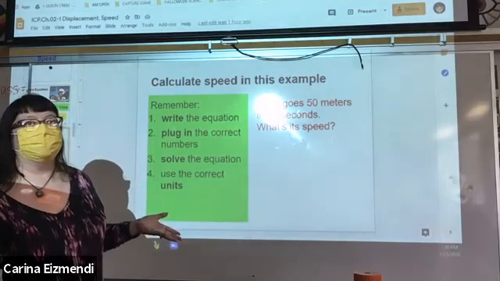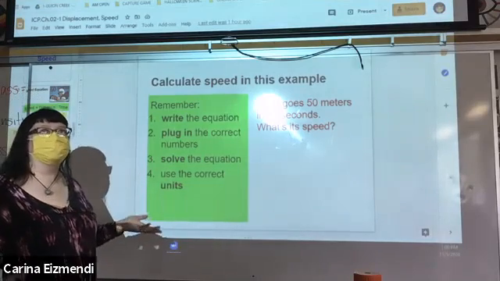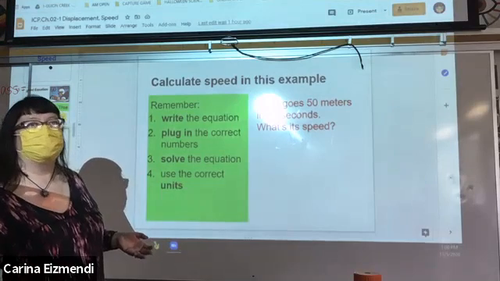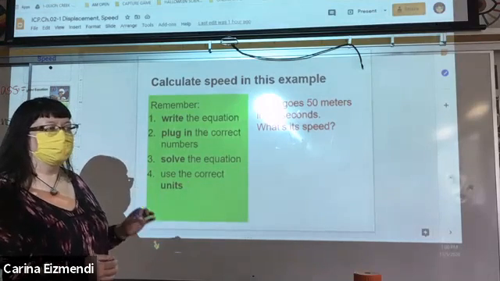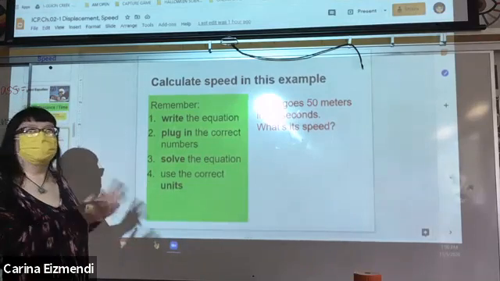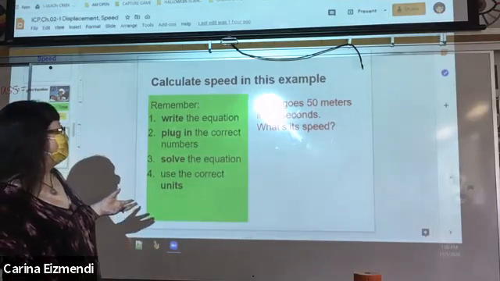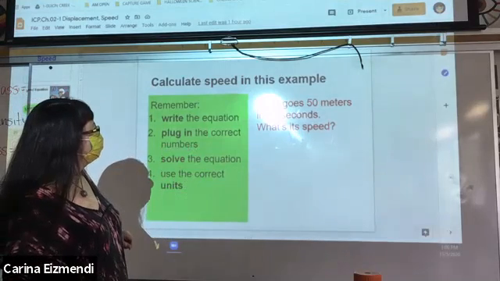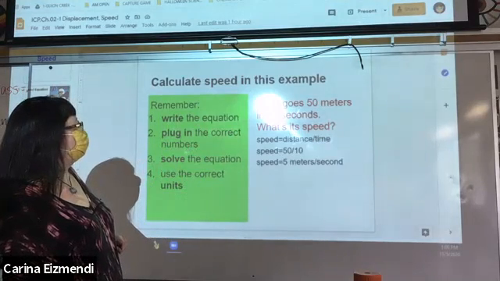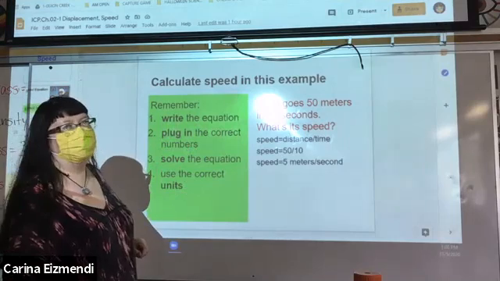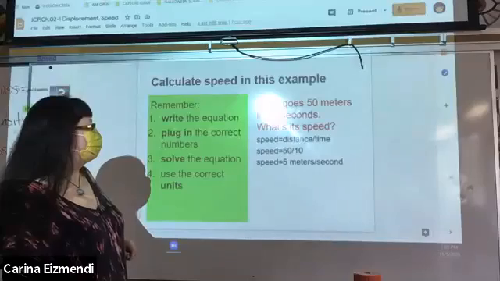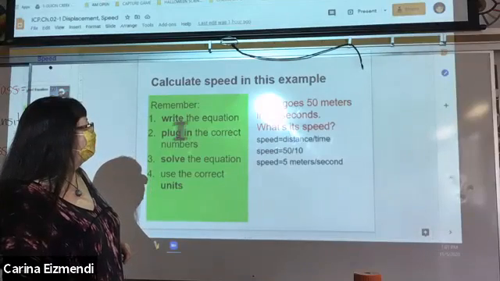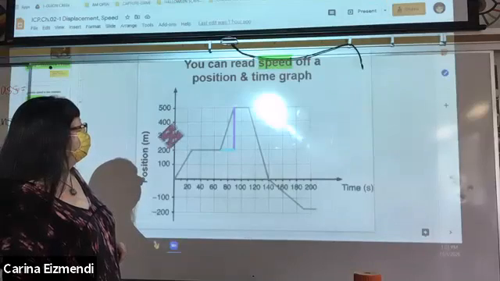I'm not going over that a whole lot because I assume people have that, especially if I don't make you manipulate the equation. So if a car goes 50 meters in 10 seconds, its speed is 5 meters per second, because 50 divided by 10 is 5.